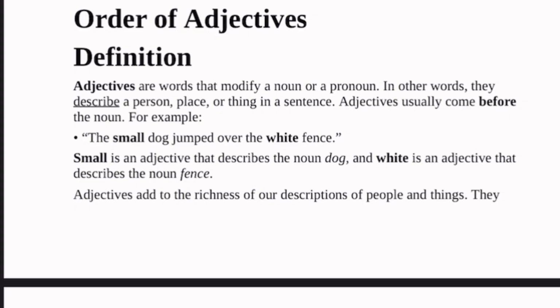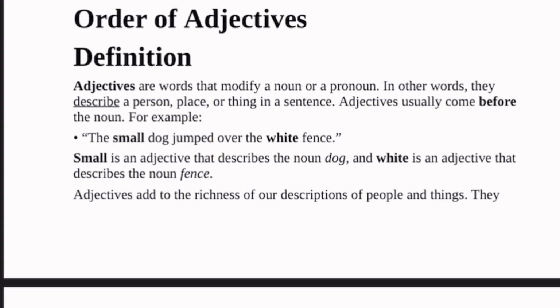Adjectives usually come before the noun. For example, the small dog jumped over the white fence. Small is an adjective that describes the noun dog in that sentence, and white is an adjective that describes the noun fence. So it adds richness to our description of people and of things.